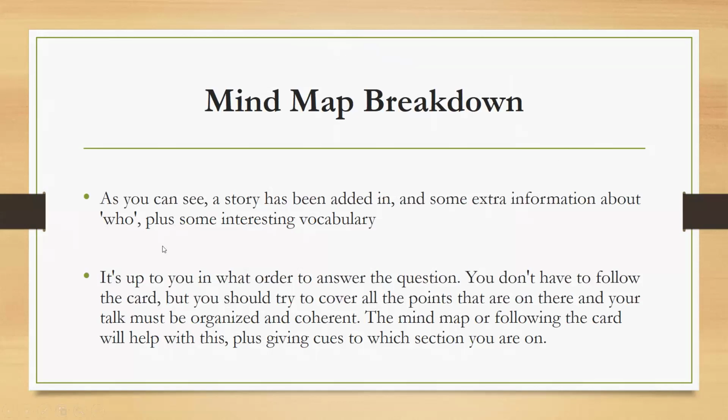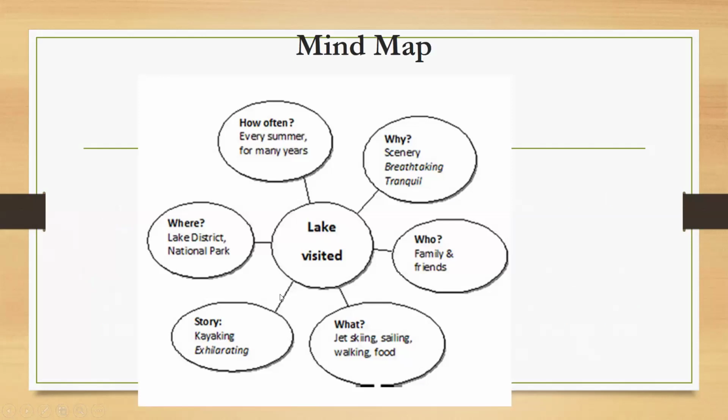Now, as you can see, the story had been added and some extra information about who, plus some interesting vocabulary. Let's go back. So a story has been added, and then some vocabulary, breathtaking, tranquil, exhilarating. Okay.